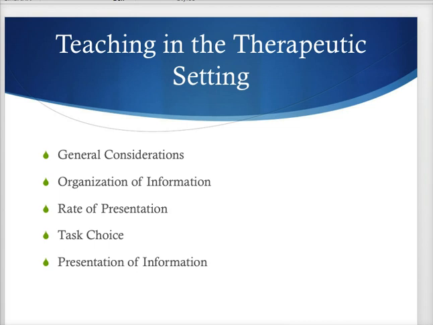Again, just like with adults, we consider their learning style and provide information in the preferred learning style. We teach in their own environment and progress to varied environments, and we structure the environment and tasks to process information. So that goes along with the motor learning that we talked about earlier. We want to consider physical and psychological comfort with a quiet environment, adequate lighting, ventilation, and room temperature in order to encourage learning.